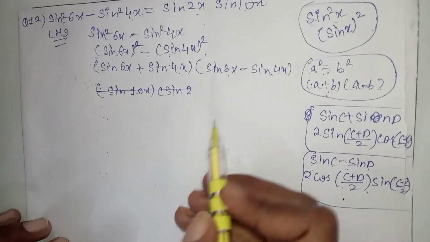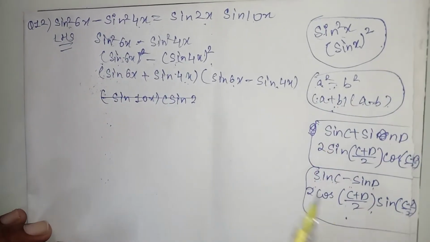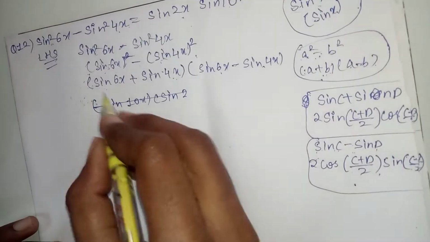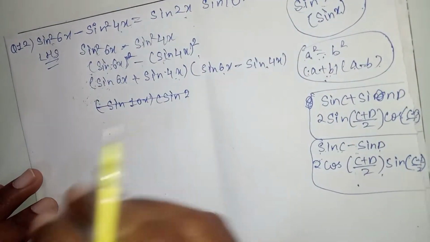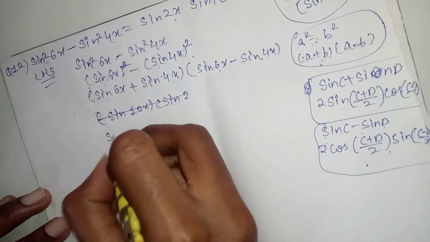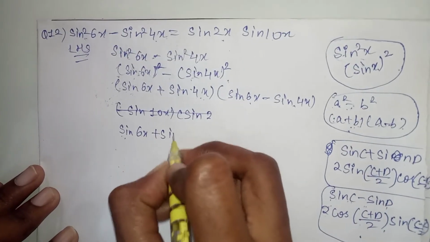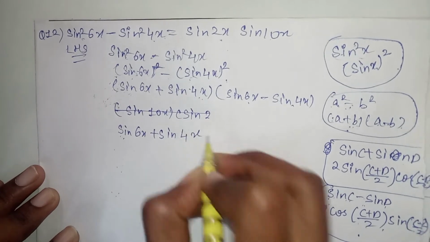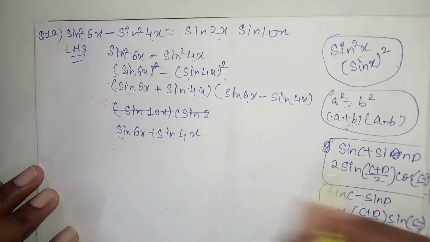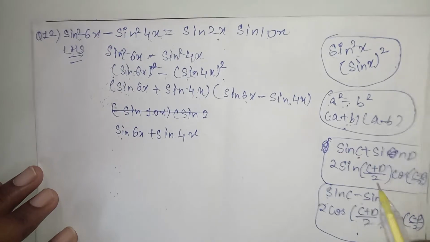So let's start applying. Here you have to apply this formula. Let's take them separately and apply. Okay, sine 6x plus sine 4x. So it is in left form, we have to convert to right form.